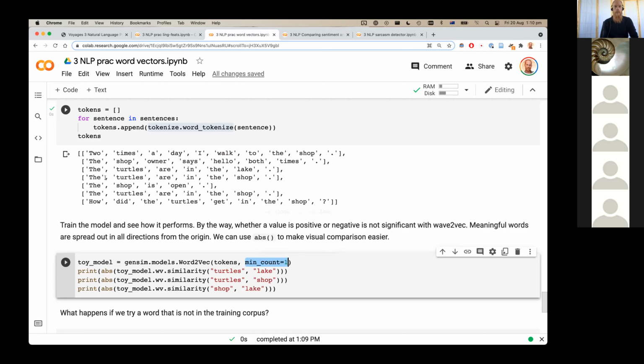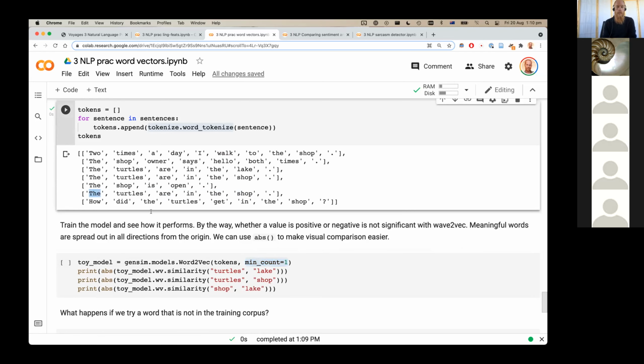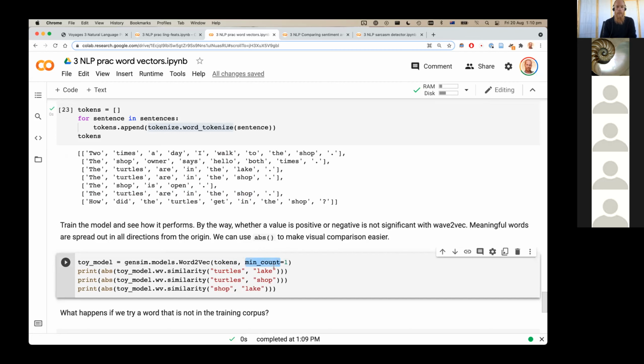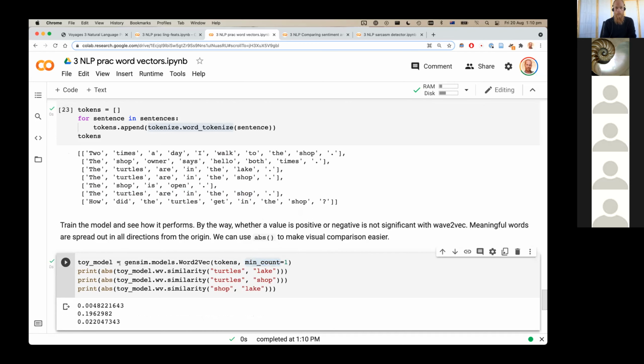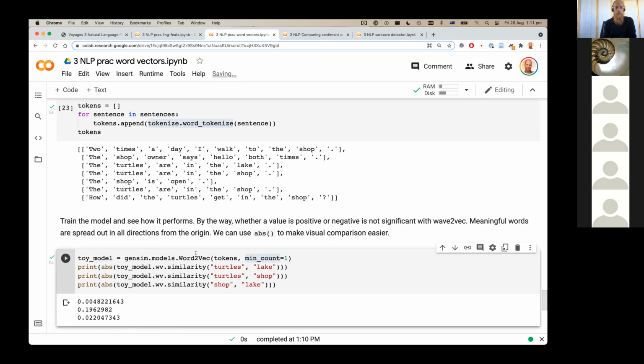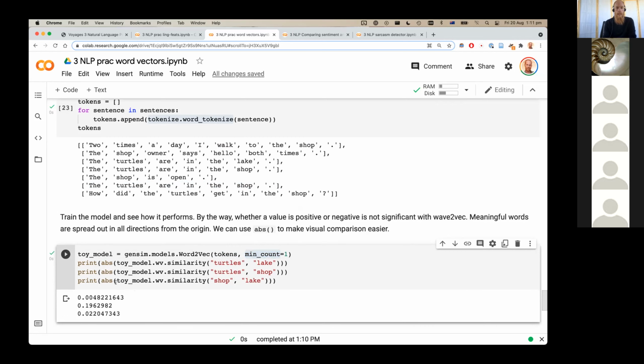In a toy corpus, the only word I think would have fewer than 5 is the word the, but that would be excluded anyway because it's a stop word. So if we pass in min_count, then at least all of the non-stop words will be recognized and trained upon. Pressing play, it happens instantly because it's a tiny corpus. If you were working with a larger corpus, that might take a little bit longer, but probably not too long because it's just text.